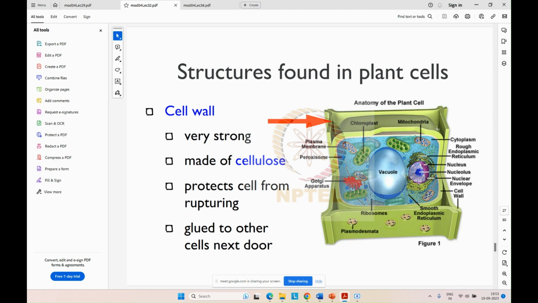This basically helps in protecting the cell from rupturing and provides stability and forms junctions with other cells. This lets all of the chemicals or all of the molecules pass through. The only barrier that stops them from entering the cell is the cell membrane.